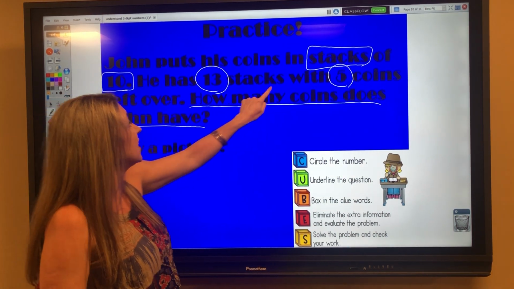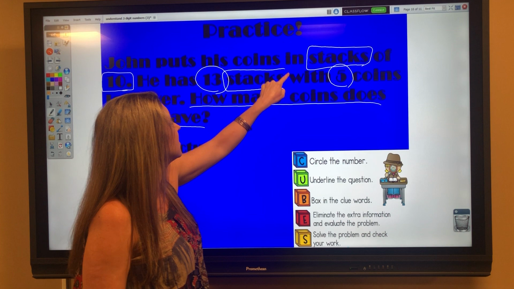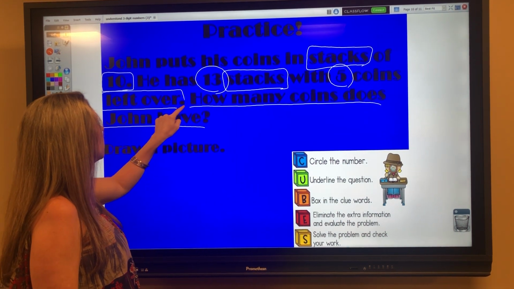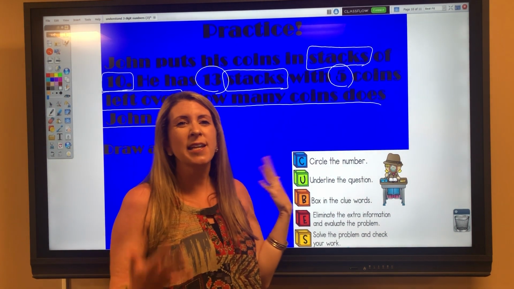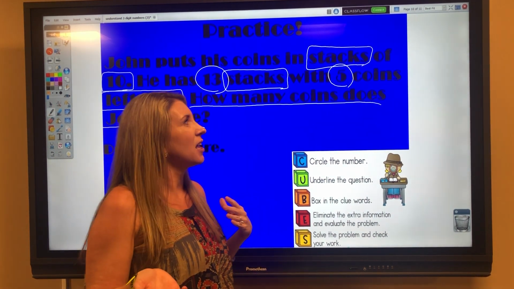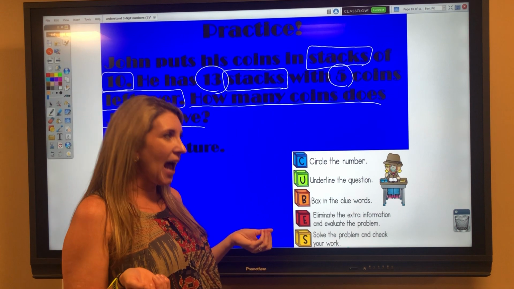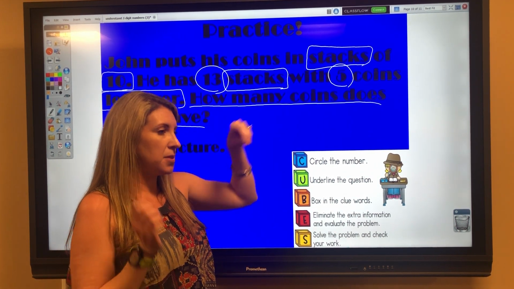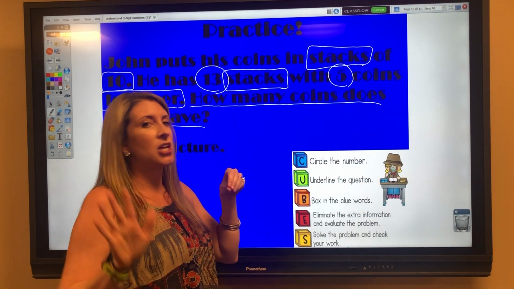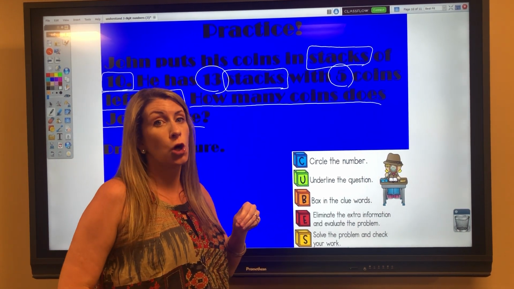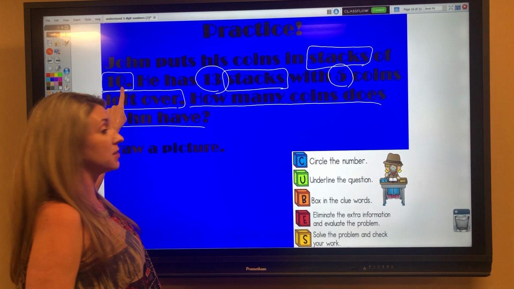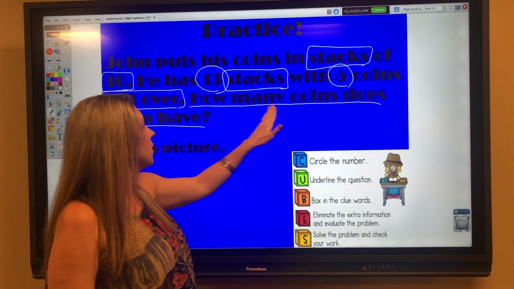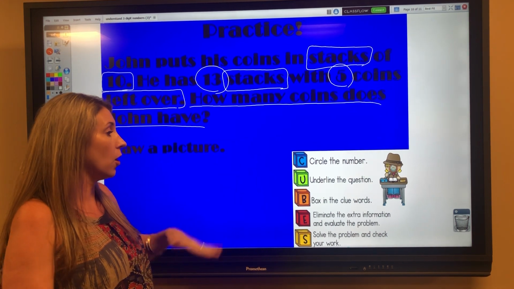He has 13 stacks with 5 coins left over. I'm trying to visualize this, and I think if he's putting coins in stacks, he's stacking up his coins. But then you have 5 coins that you can't stack up because they don't fit into groups of 10. And we want to know how many coins does John have altogether.